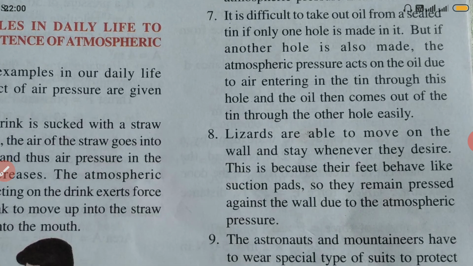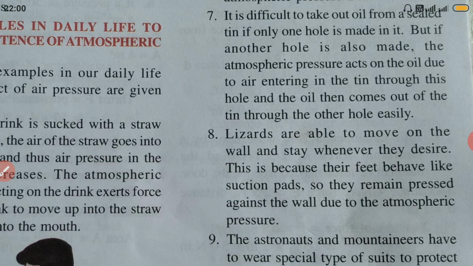Number 7, it's difficult to take out oil from a sealed tin if one hole is made in it, because the air will enter through that hole, and when you try to take the liquid out of that hole, the air will try to keep the liquid inside.